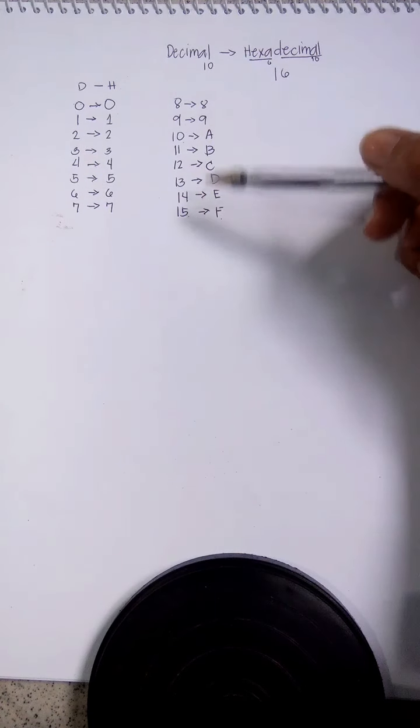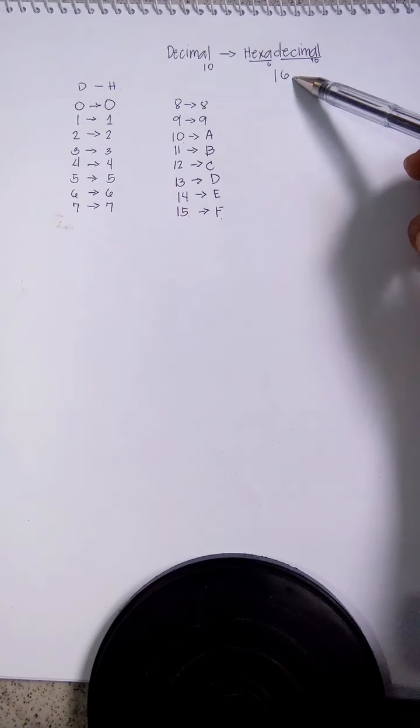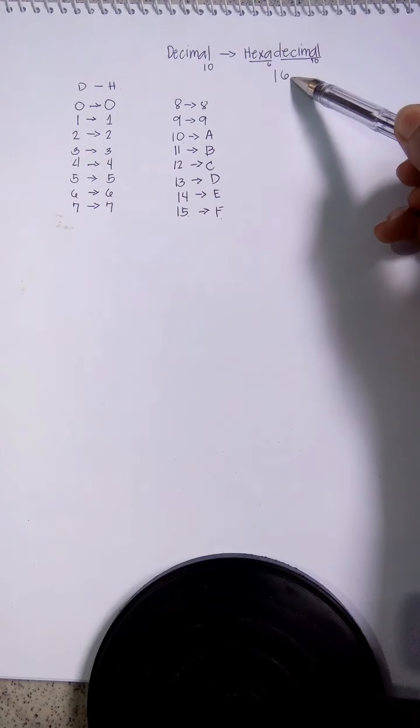So the hexadecimal system is based on 16 different numbers and letters.